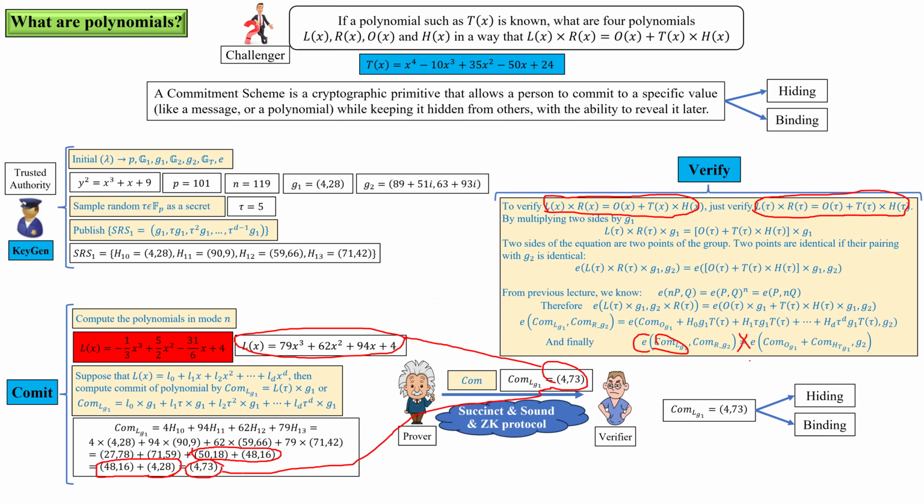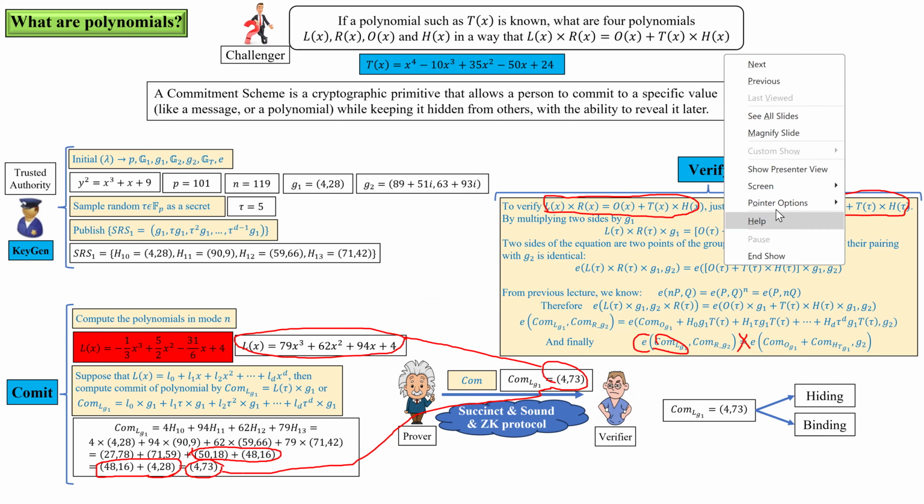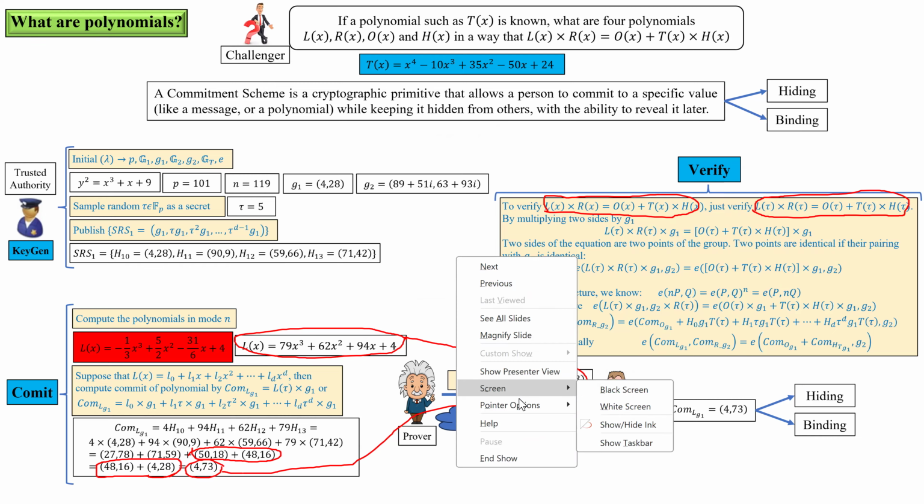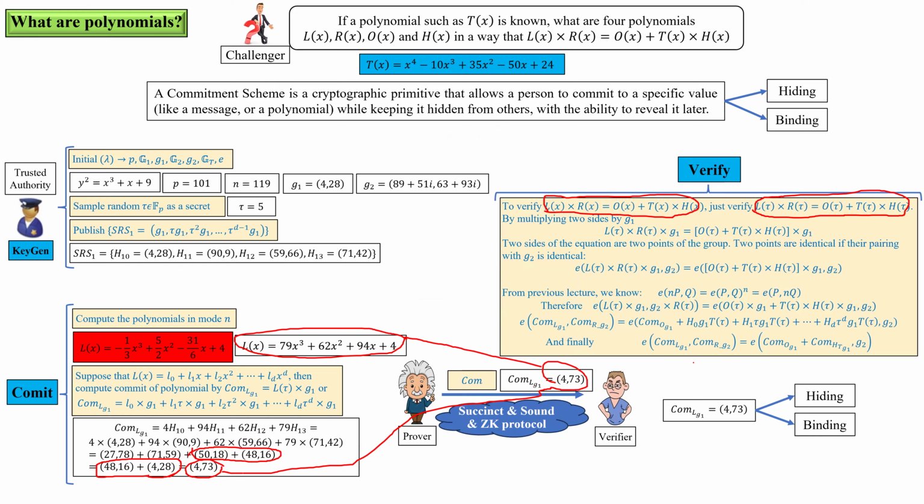Okay, so now the prover sends the commit value to the verifier, and the verifier needs to check the pairing to ensure that the knowledge claimed by the prover was correct. However, to compute the pairing on the left side and the right side, the commit of L of x is not enough, right?